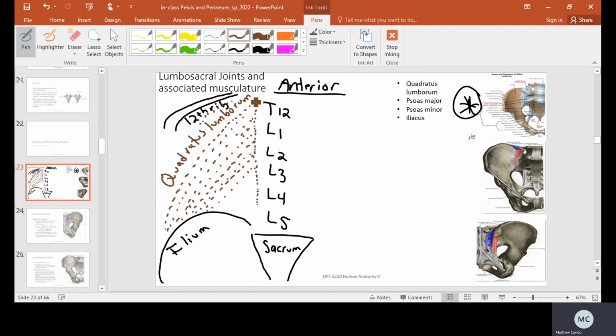It displaces or moves one half of my pelvis in a superior direction. We'll do it over here so you can see. This is my quadratus lumborum activated.